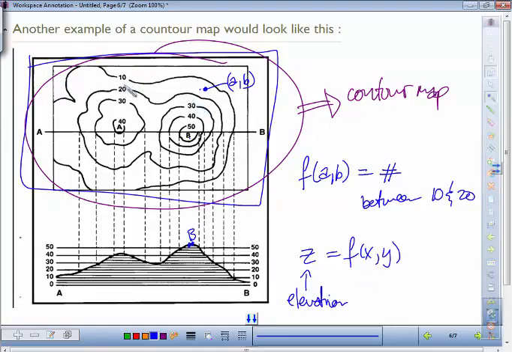So when I take a look at this 20 over here, what does this 20 describe? Does it describe an X and a Y or a Z? It describes a Z. That says if I'm standing here in my map, I'm going to be 20 feet high in the mountain. Okay?